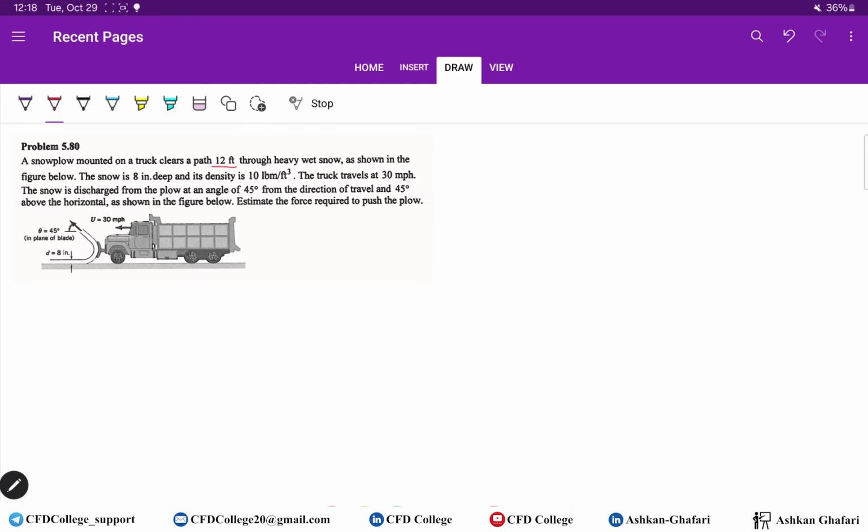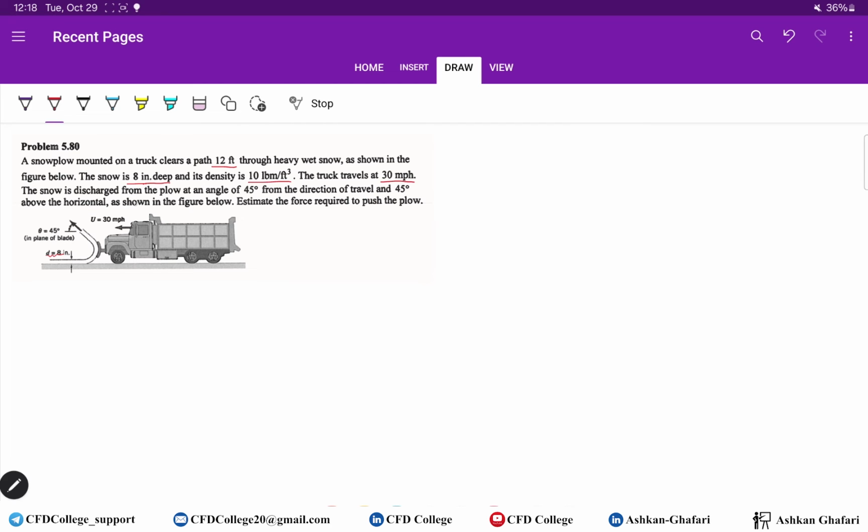As shown in the figure below, the snow is 8 inches deep. So this is the depth of the snow, and its density is 10 pound mass per cubic feet. So we have the density. The truck travels at 30 miles per hour.